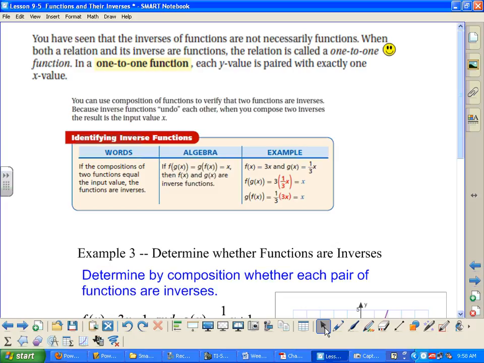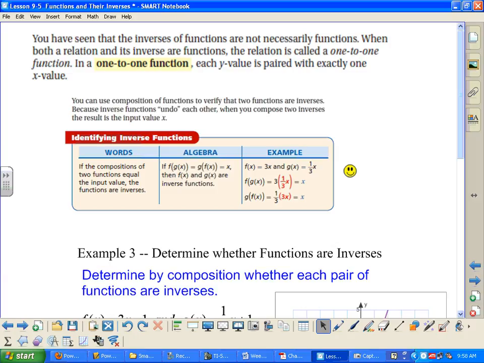You can use composition of functions to verify that two functions are inverses. So we're going to use what we did yesterday with composition to verify whether two functions are inverses or not. If the compositions of two functions equal the input value, which is x, then they are inverses.